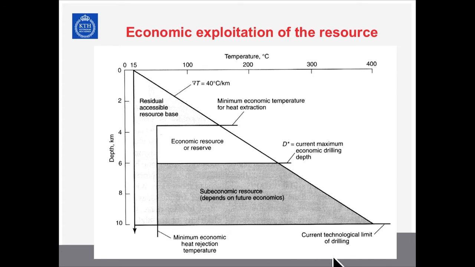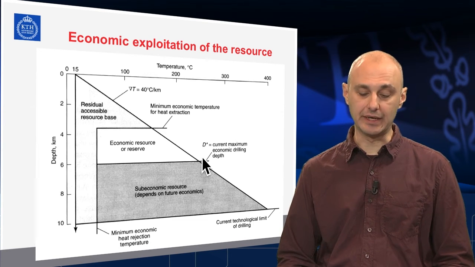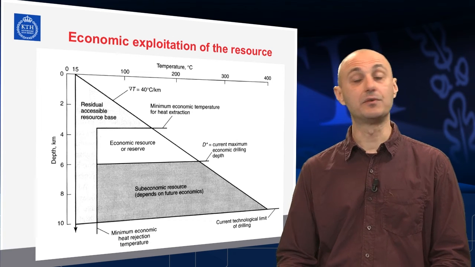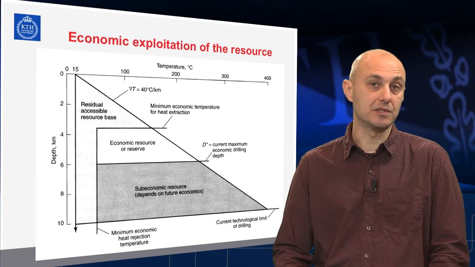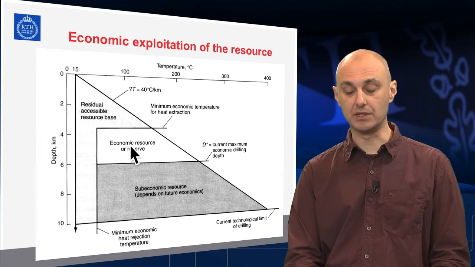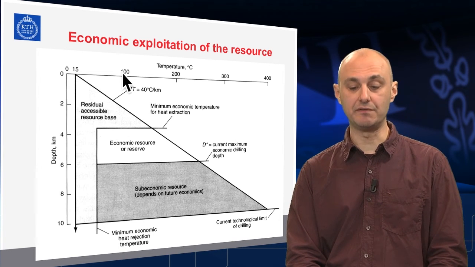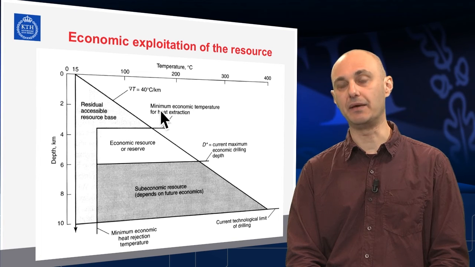The current technological limit for drilling lies around 10 kilometers, and the economic limit for drilling is approximately 6 kilometers. If we do not reach any feasible resource to that depth, there is no point in continuing the exploration. And the goal definitely should be that we reach a very valuable resource already at a few kilometers of depth.